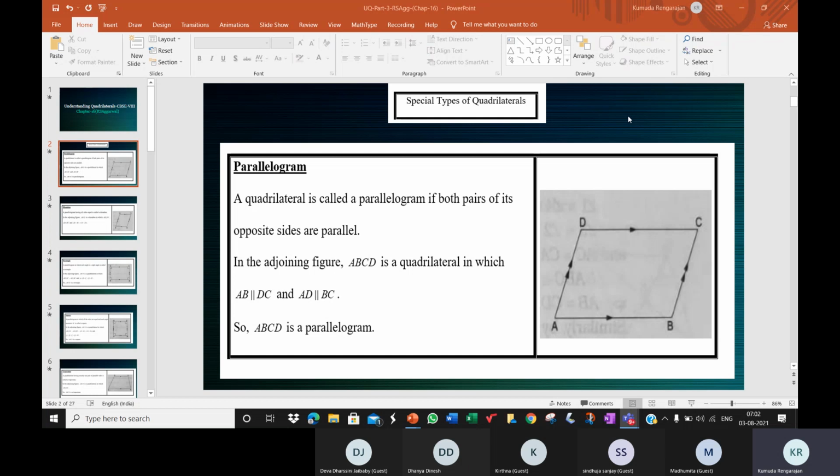Second point, both pairs of opposite sides equal. Third one, both pairs of opposite angles equal.